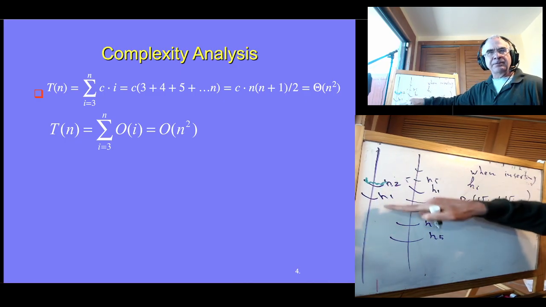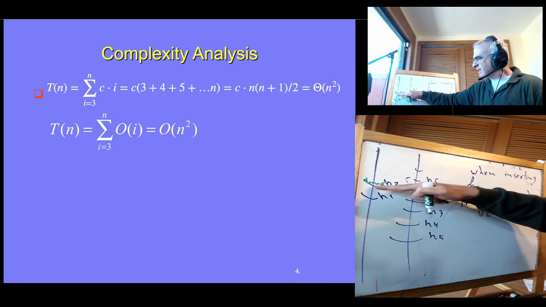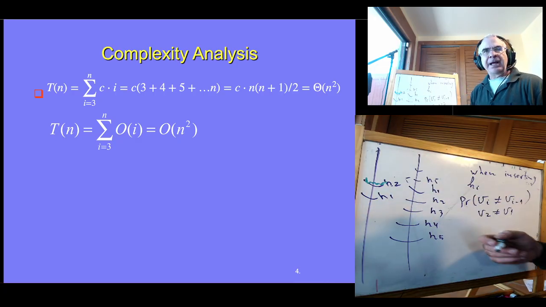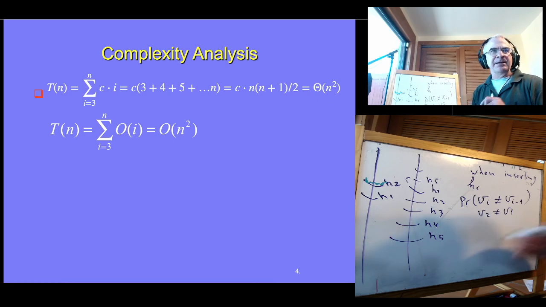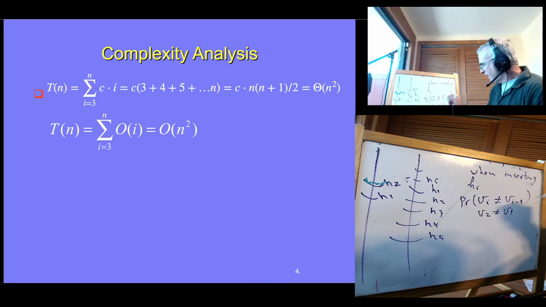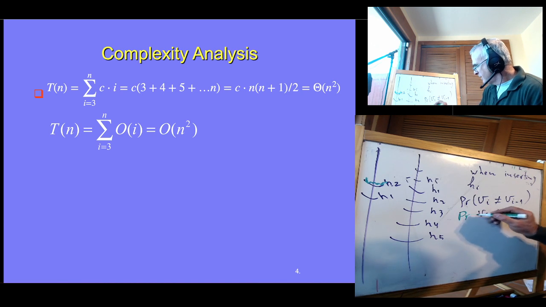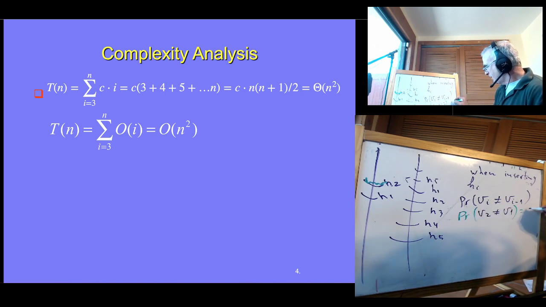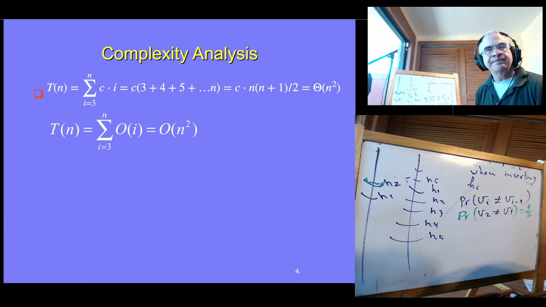The special, the maximum one, is equally likely to be the first one that I insert or the second one that I insert. So the probability that v2 is not v1 was half.